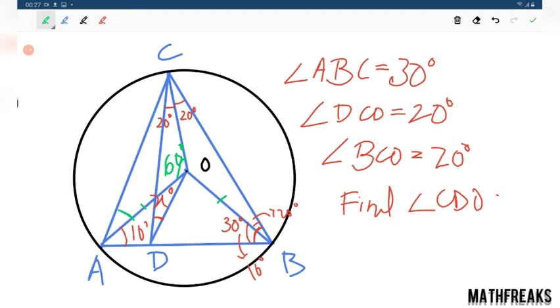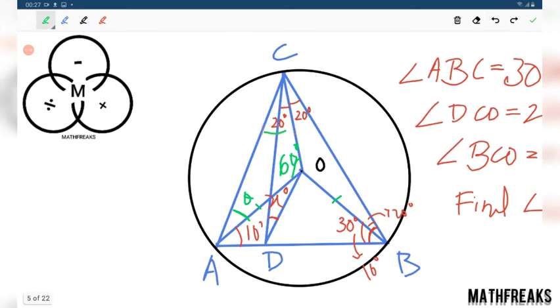Now how do we find this angle? If this angle is theta, this angle will also be theta, this total angle. So for this part, this will be theta minus 20, theta minus 20.